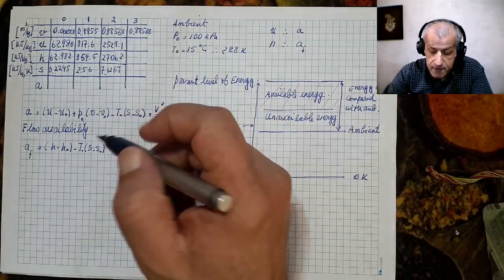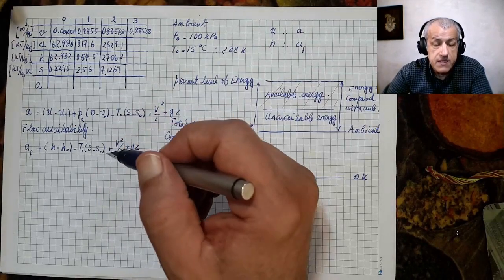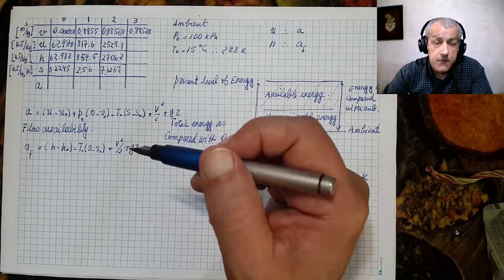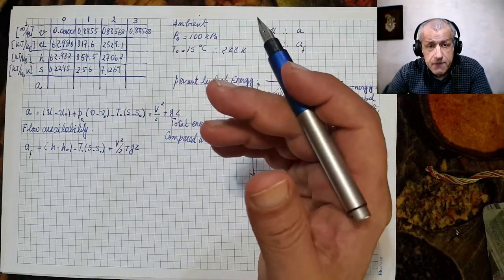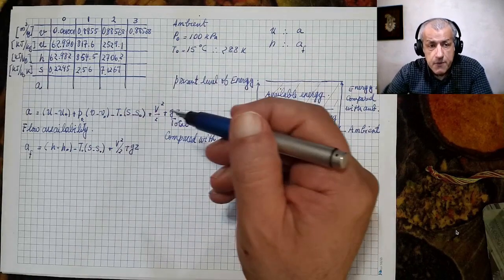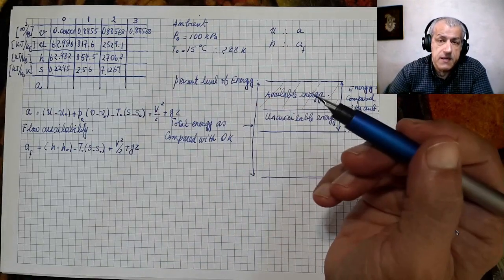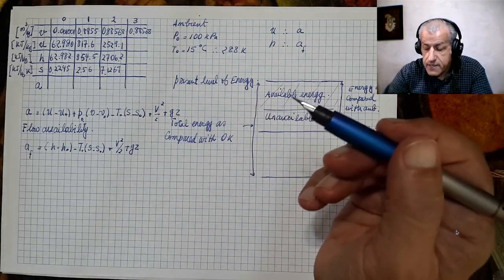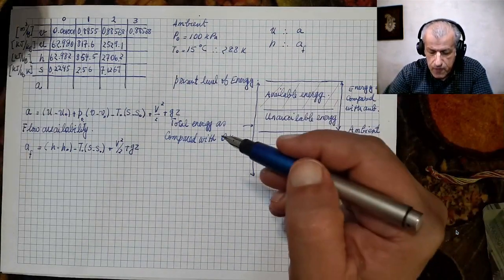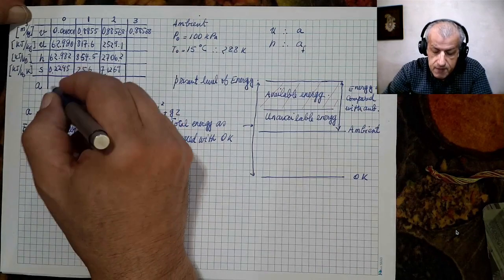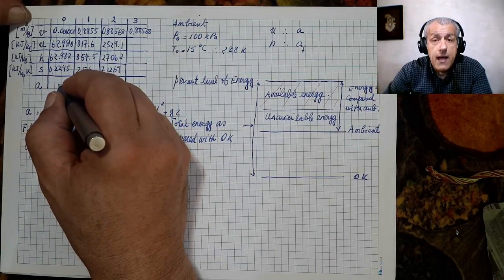Availability is a property since it's calculated from some manipulation, some mathematics of other properties. So it is a property itself, and it is measured relative to ambient. Now, what is the availability for ambient?